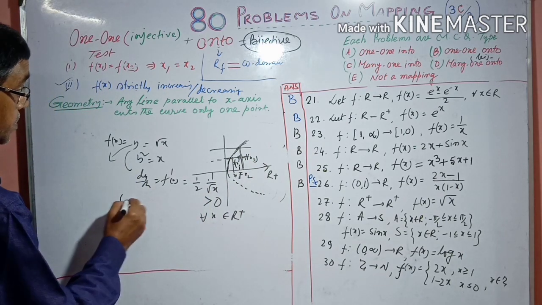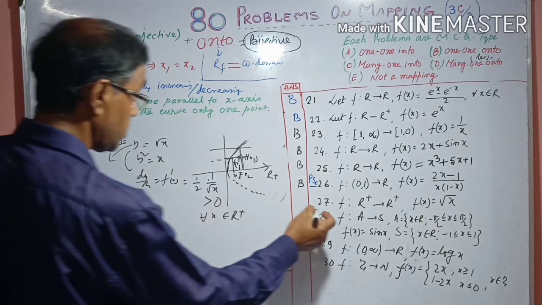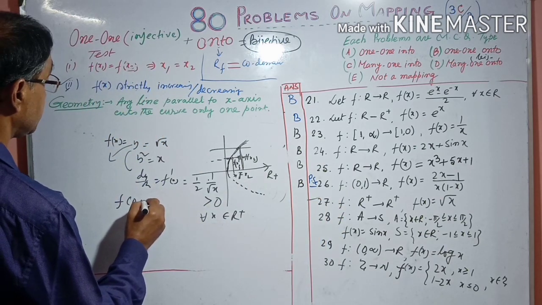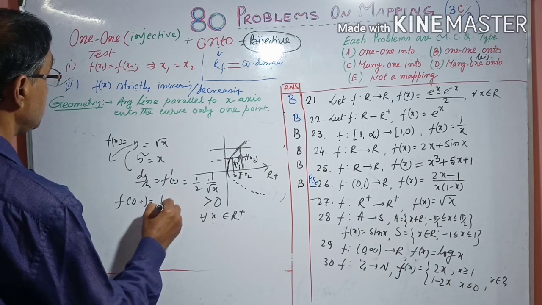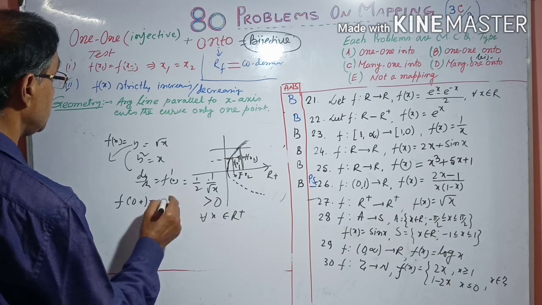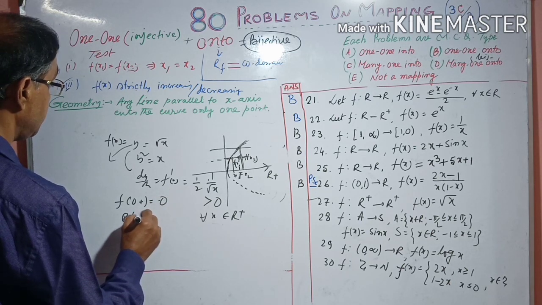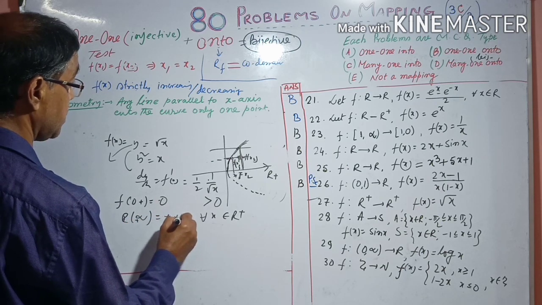f of 0 plus, that is y equal to 0, f(x) at 0 plus equal to 0, and f of infinity equal to plus infinity.